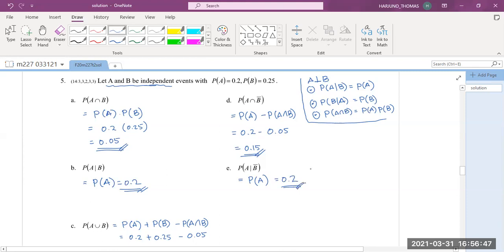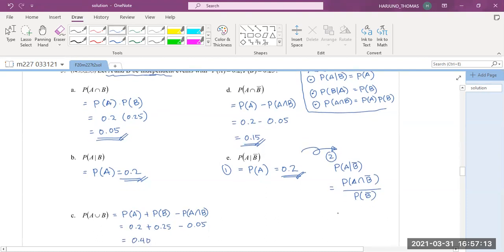Now you may want to do it slightly longer, using the formula. That's the first method. The second method, the one we usually use in class: the probability of A given not B is the probability of A intersect not B over the probability of not B, right? A intersect not B, that's from part D, that's 0.15.